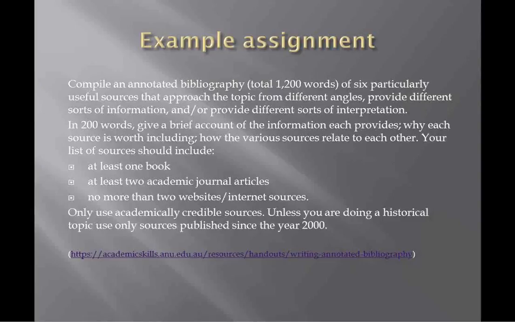In 200 words, give a brief account of the information each provides, why each source is worth including, how the various sources relate to each other. Your list of sources should include at least 1 book, at least 2 academic journal articles, no more than 2 websites or internet sources. Only use academically credible sources. Unless you are doing a historical topic, use only sources published since the year 2000.